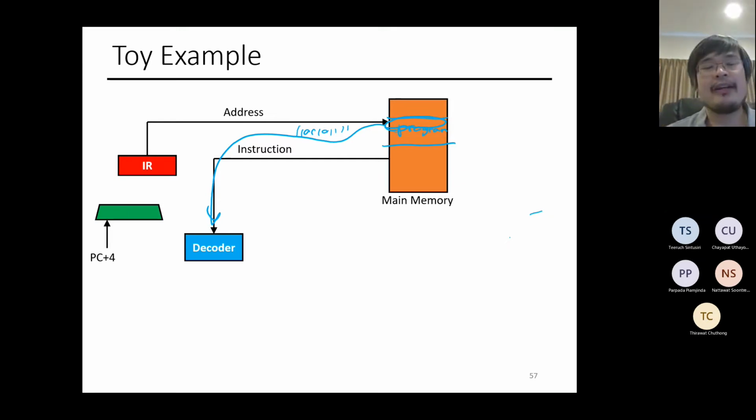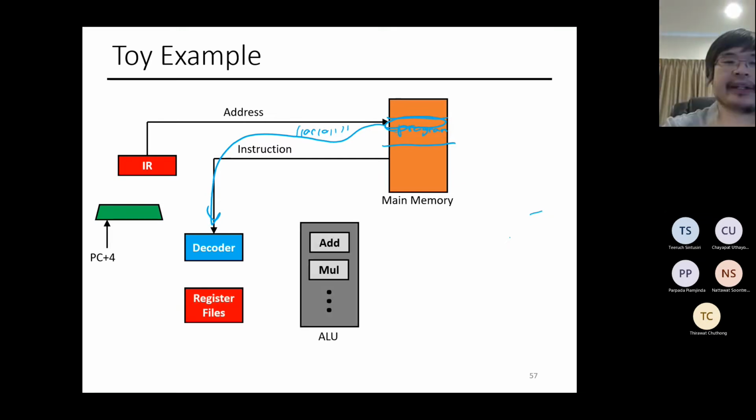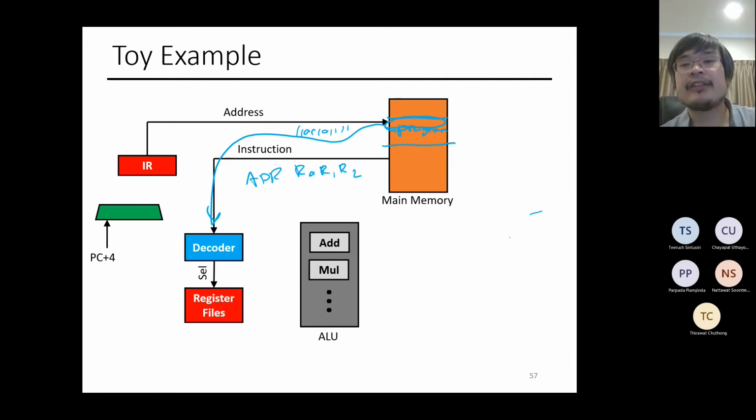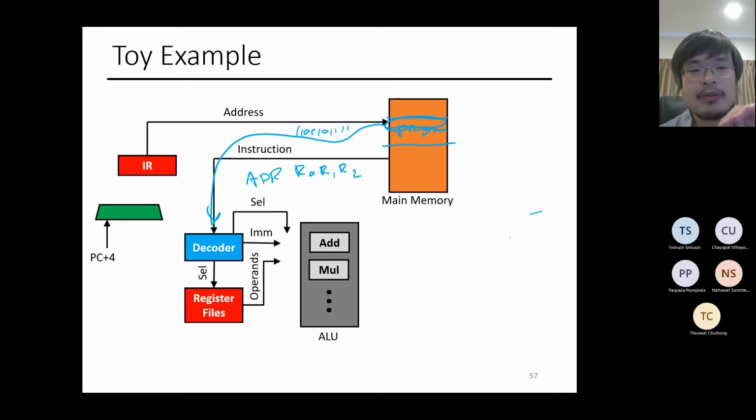The decoder figures out, okay, that might be, say, an add operation, right? So if it's, say, add R0, R1, and R2, now you figure it out through the decoder. The decoder would trigger the select lines to all the components saying, hey, I want R1, I want R2. I want to send R1 and R2 into my adder.